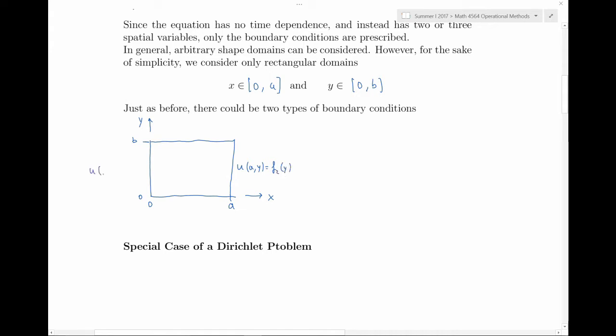Here, for the boundary where x equals 0, again the function can have different values throughout this boundary. On the upper and lower boundaries, y is being kept at b or at 0, so it's a function of x. The Laplace equation supplied with boundary conditions that prescribe the function on the boundary is called a Dirichlet problem.